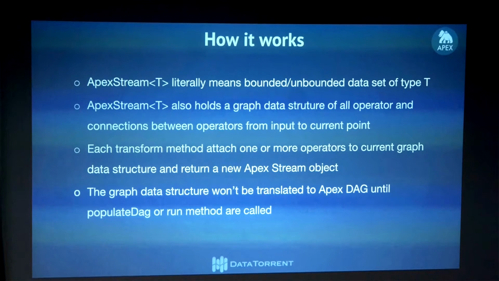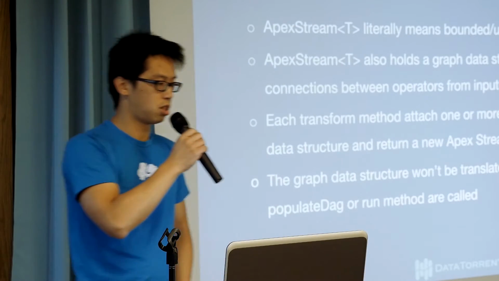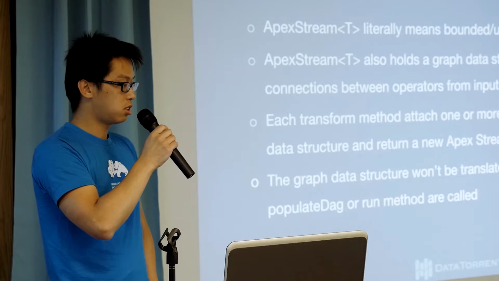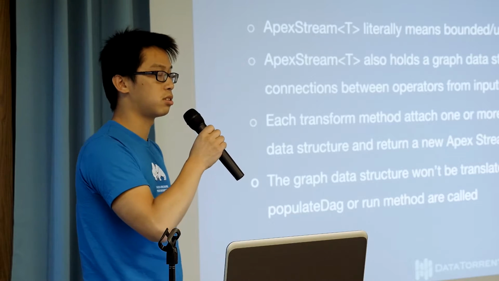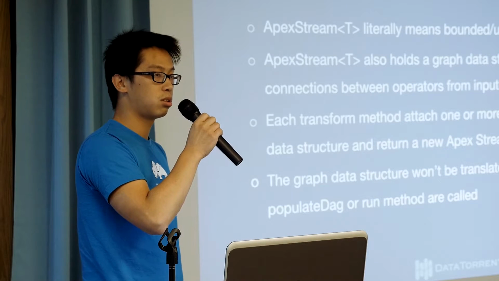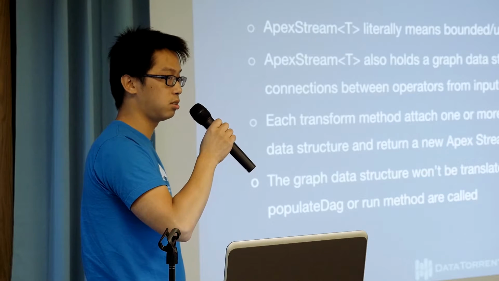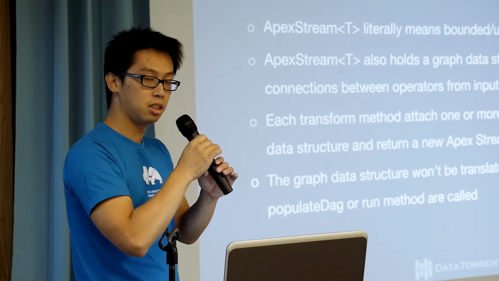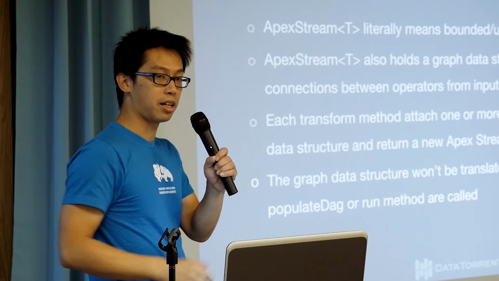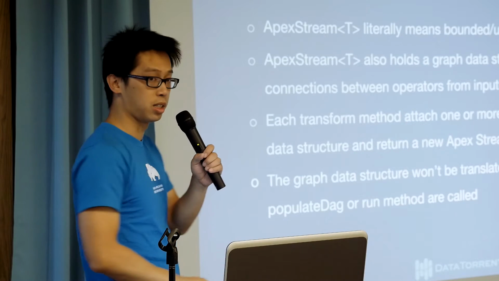The reason is that after you construct your application, the engine would probably figure out some better way, like do some optimizations. So the real DAG might do transformations in a different order to achieve a better execution plan. You can think of it as an execution plan.